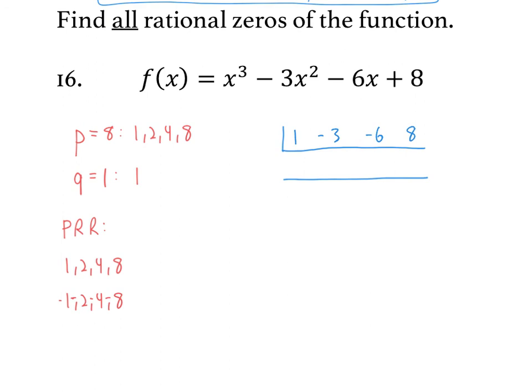Okay, so always good to test 1 first. Usually works. So bring down this 1, multiply, add, multiply, add, multiply, add. So that's good. That's what we want. So that's good to have a 0.